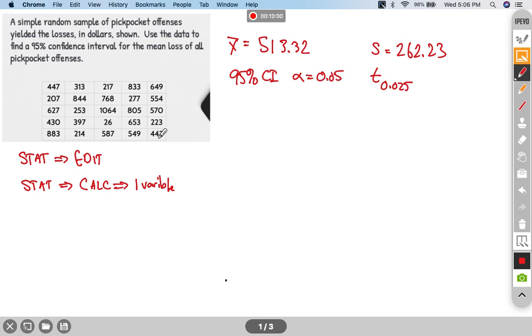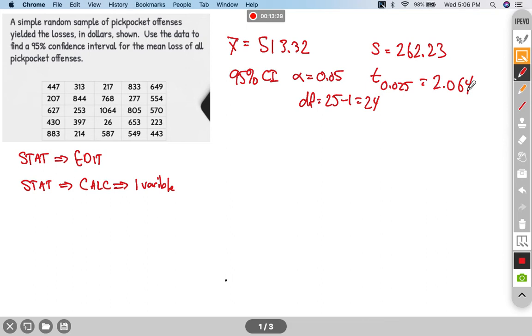We have 25 values on here, so my degrees of freedom, 25 minus 1, is 24. So when I look that up on my table, under t sub 0.025 on the line for 24 degrees of freedom, I will get my t value is 2.064.